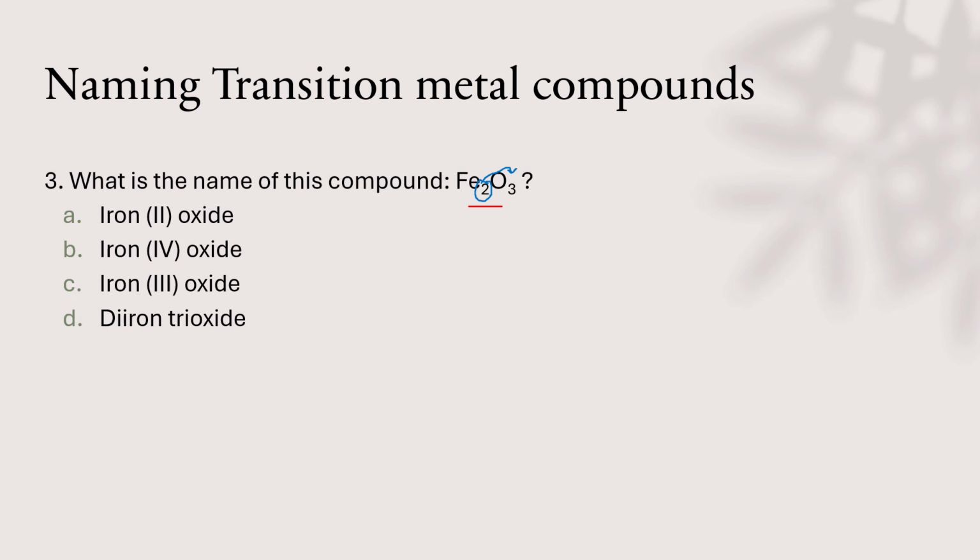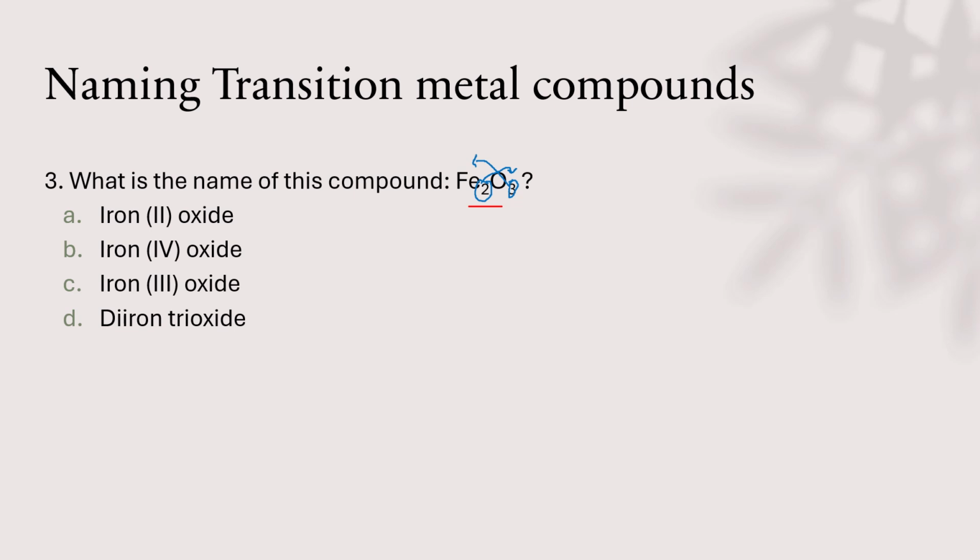Now we do the same with the subscript on oxygen. The subscript on oxygen is 3, so that would tell us that the charge on this iron is going to be 3, but more specifically a +3, because remember, transition metals and metals in general like to form cations, positive charges. So that tells us that it's iron with a 3+ charge.